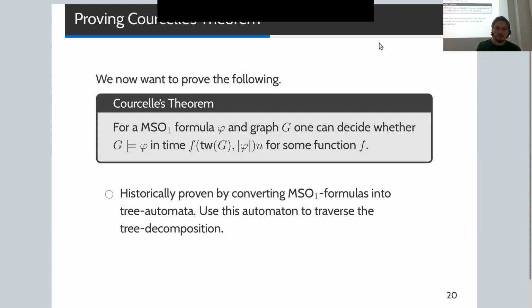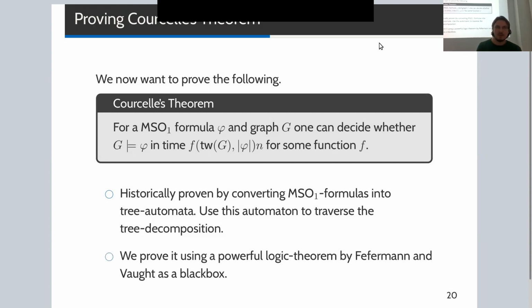Today we're going to talk about my favorite variant, which is going to be using some deep logical theorem by Feferman and Vaught as a black box. So this theorem tells you basically how you can combine MSO information about two subgraphs during a join step. And we're not going to prove a version of this.